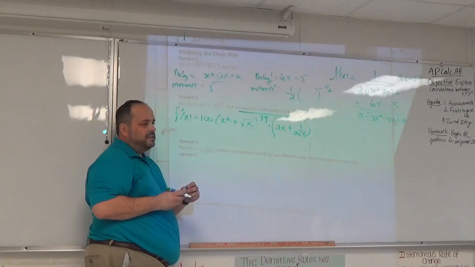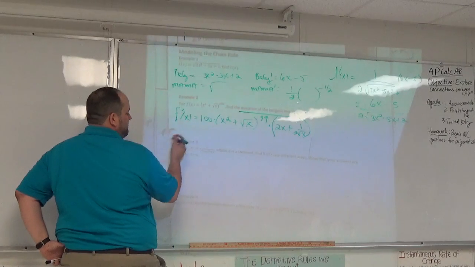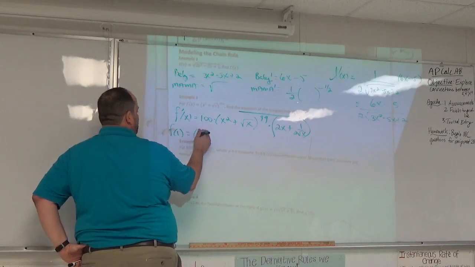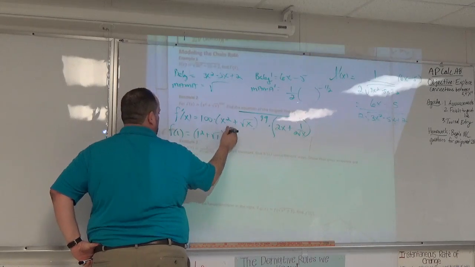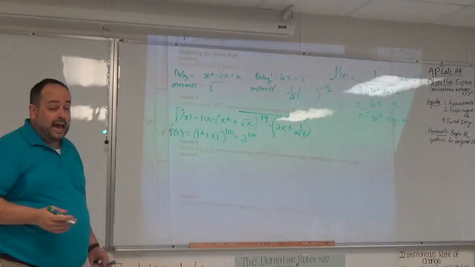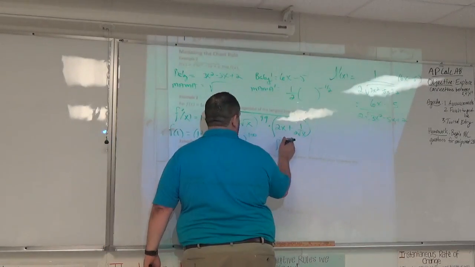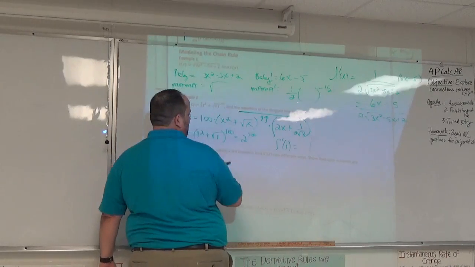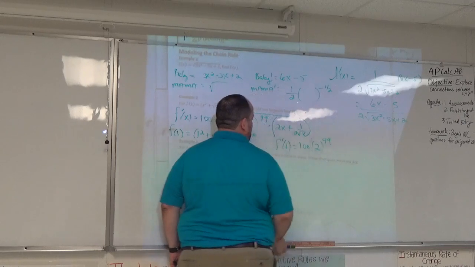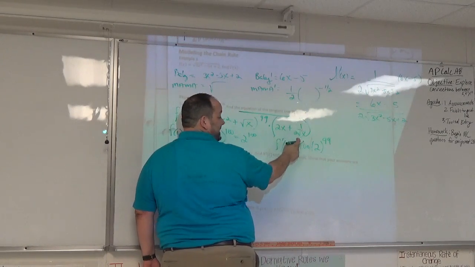Okay, so what are we going to do to find the equation of the tangent line at x equals 1? You're going to plug in 1 to f. F of 1 is 1 squared plus the square root of 1 to the 100, which is 2 to the 100 power. I don't even care what 2 to the 100 power is. F prime of 1 is going to be 100 times 2 to the 99th power times what's this guy here, 2 plus a half.